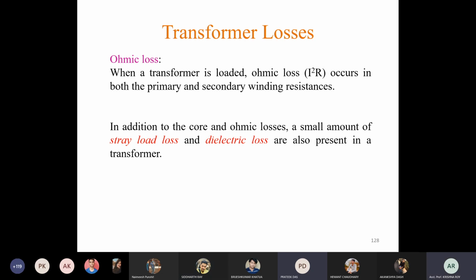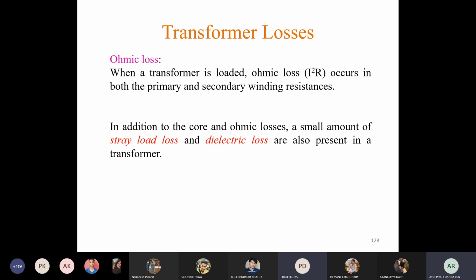So stray load loss means there will be some aimless flux in a transformer whose path is not defined. We have defined two fluxes: one is the mutual flux or the main flux, and the other is the leakage flux, primary leakage flux and secondary leakage flux.